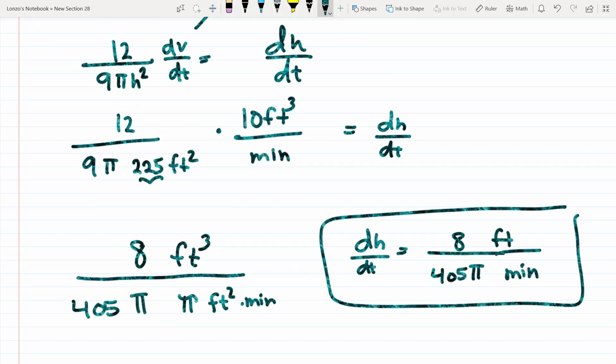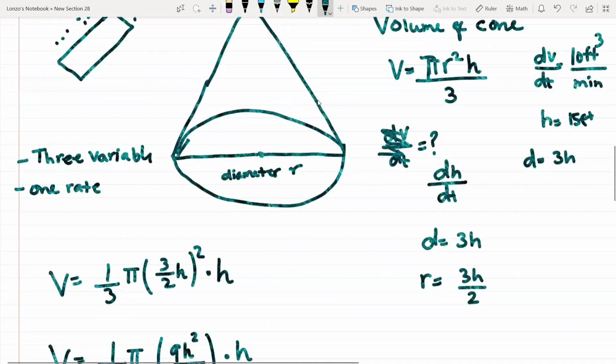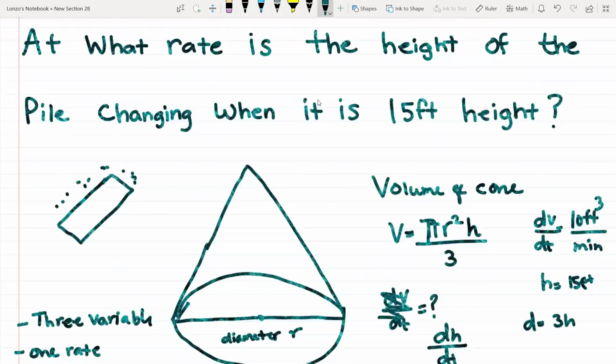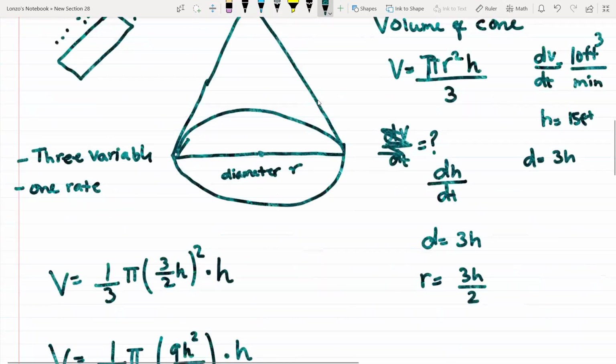Okay. So the other example will be a conical problem as well. What made this problem more challenging than the other related rates is we had 3 variables in one rate.